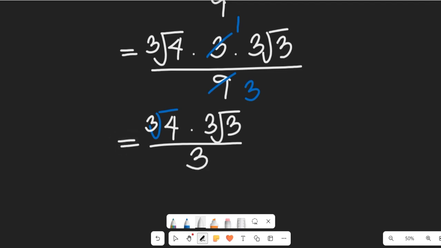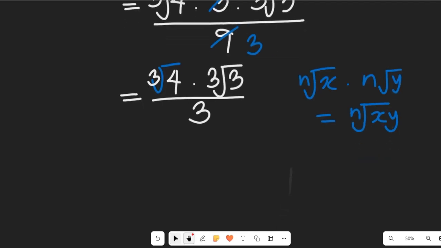So let's simplify this. Looking at that thoroughly, we have one common cube root multiplying one common cube root. Now remember something in the laws of indices. If I have the nth root of x multiplying the nth root of y, because they have one common nth root, we can combine the nth roots and have this as x multiplied by y, right?